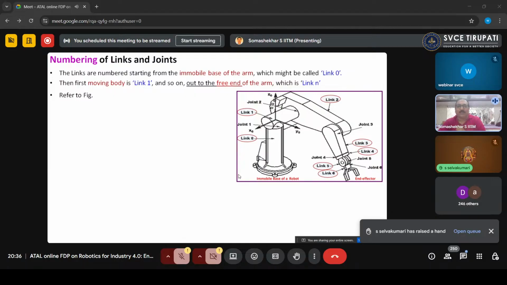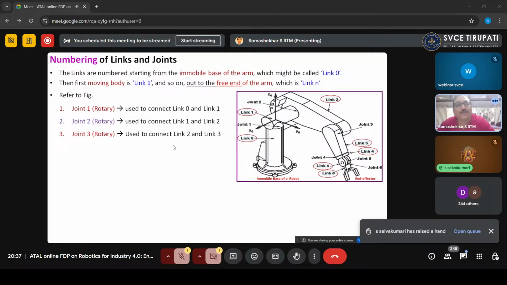You refer to your figure, where I am showing you a 6 degrees of freedom robot. The link 0 is a base, an immovable base, correct? Then link 1 and link 0 are connected with the rotary joint, what I am showing you here. Joint 2, you're seeing my cursor, is connecting between link 1 and link 2.